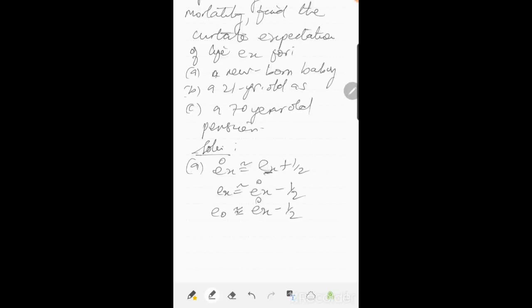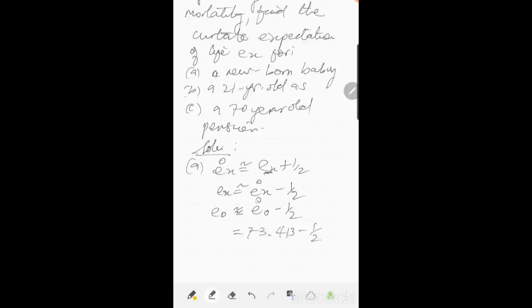From here, you can go to the males and check the values for E naught X. From our tables, E naught X was 73.413, minus 1/2.